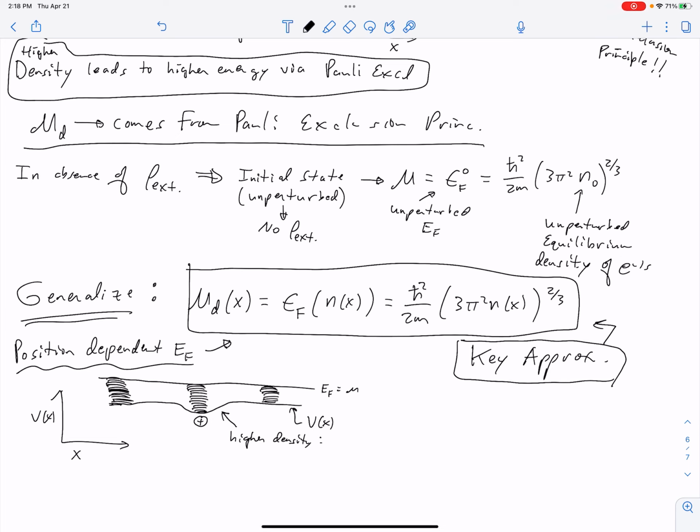And so what that means is that mu d of x went up, but minus e phi of x went down. And they cancel each other, since mu equals a constant.